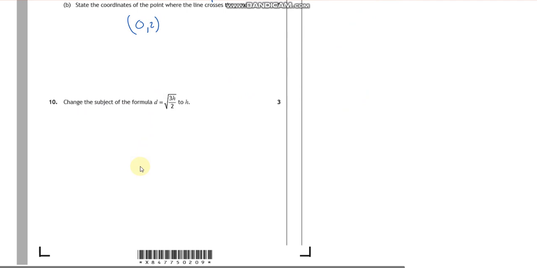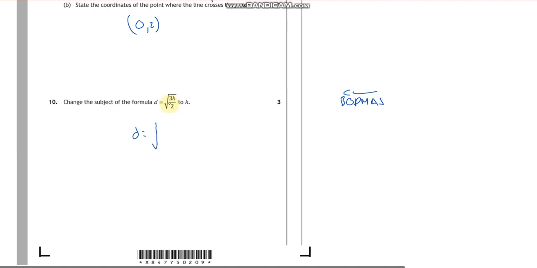Change the subject. Okay, change the subject. So we're doing our BODMAS in reverse, and to undo something, you do the opposite. Okay. So to h. Okay, have I got any adds and subtracts? No. Now the first thing, well, have I got any adds and subtracts? No. Have I got multiply and divide? Yes. However, I do not move them first.